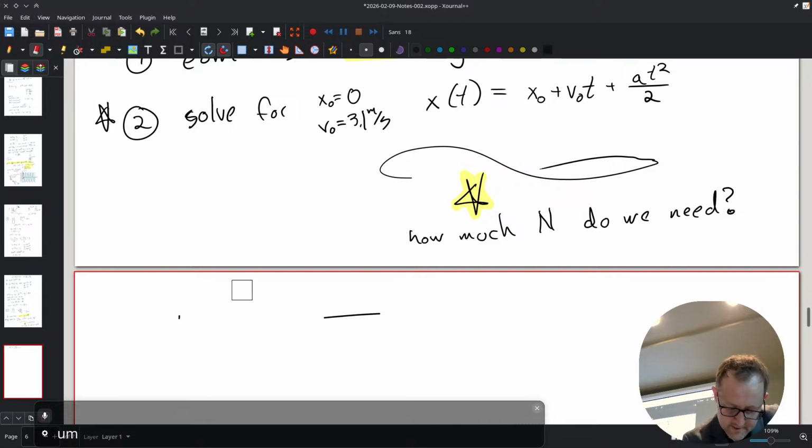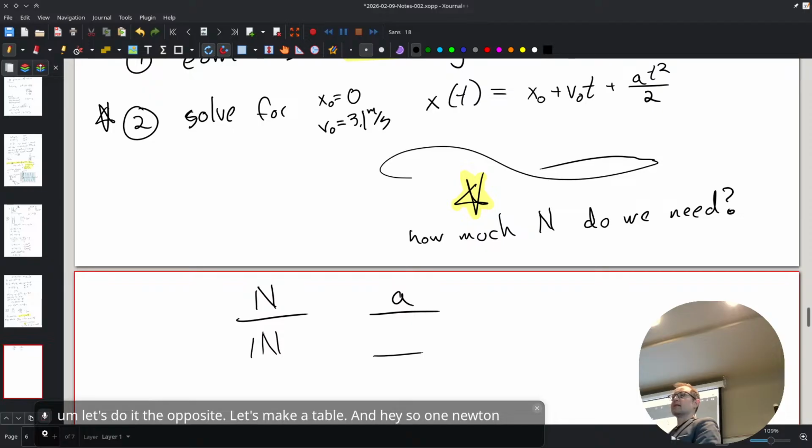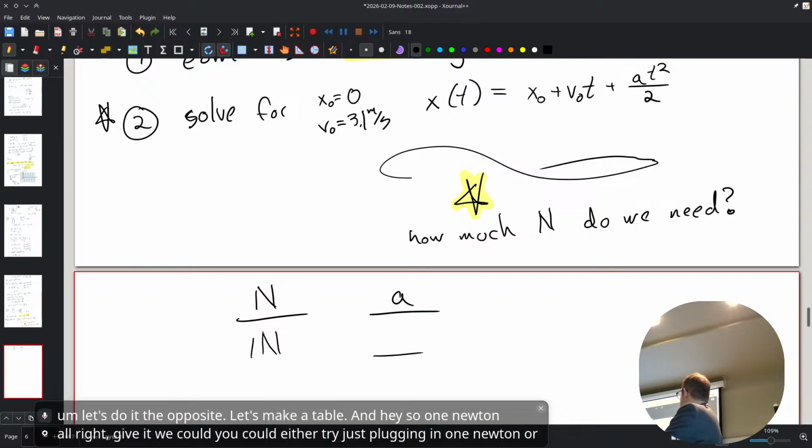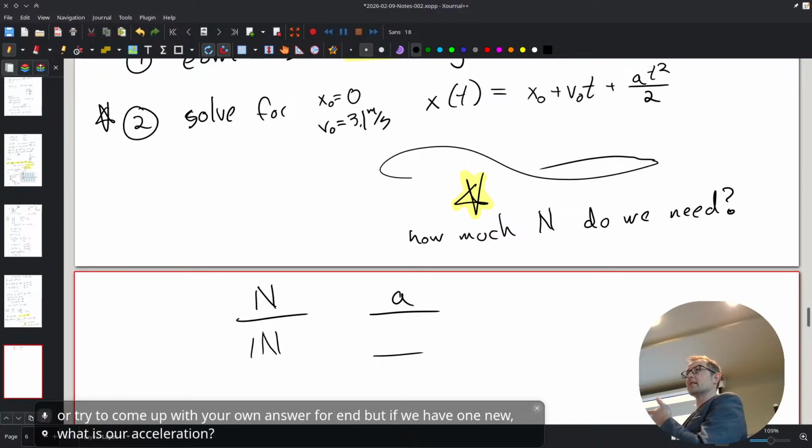What do we want? Let's do it the opposite. Let's make a table. N, so 1 Newton. You could either try just plugging in 1 Newton, or try to come up with your own answer for N. But if we have 1 Newton, what is our acceleration?